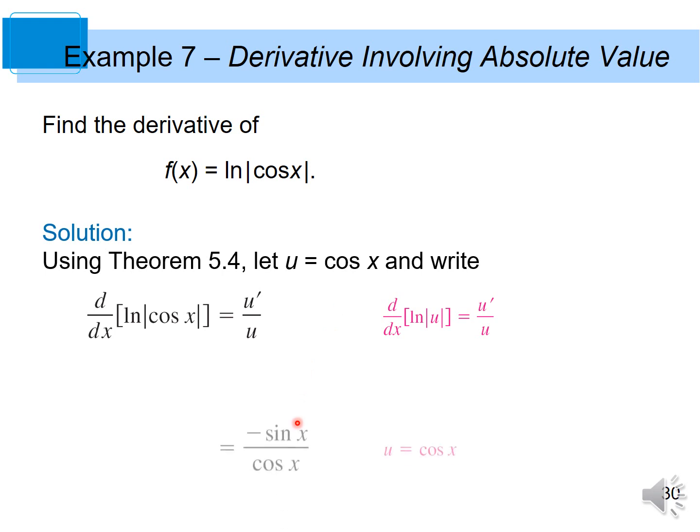So we have negative sine x. You have learned how to differentiate the cosine x in the fourth section. So over u, which is cosine x. Then we can convert the sine x over cosine x to be tangent x.